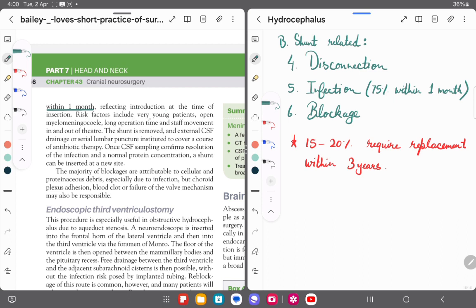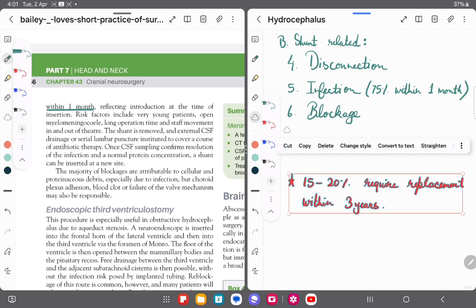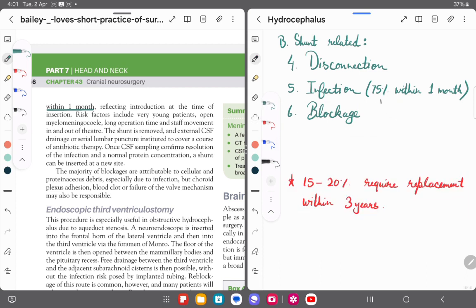Risk factors include very young patients, open myelomeningocele, long operating time, and staff movement in and out of theatre. So these are the risk factors for infection. Let us note them down.